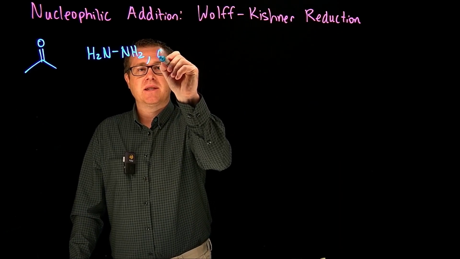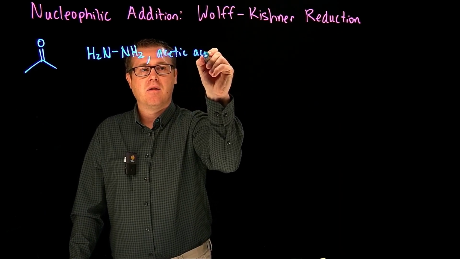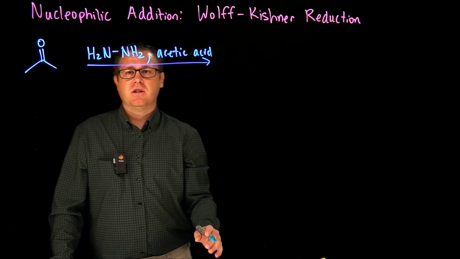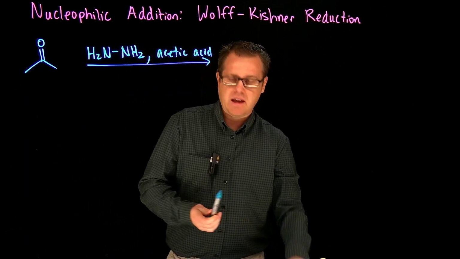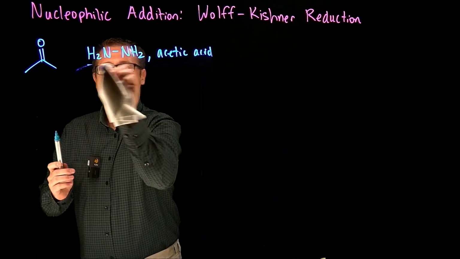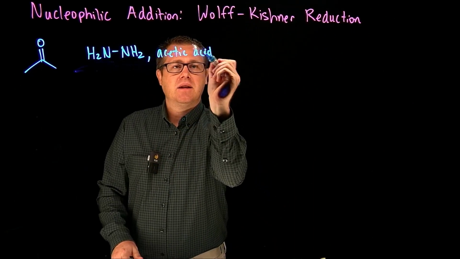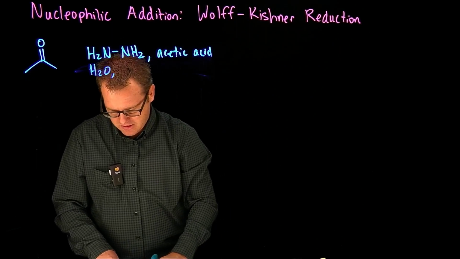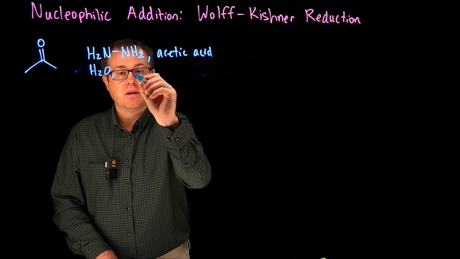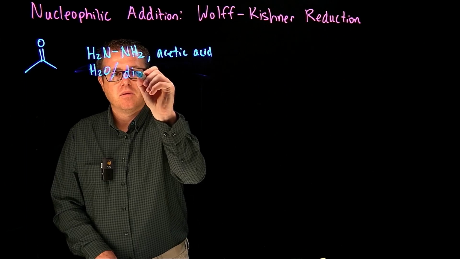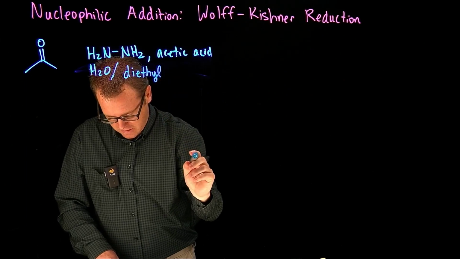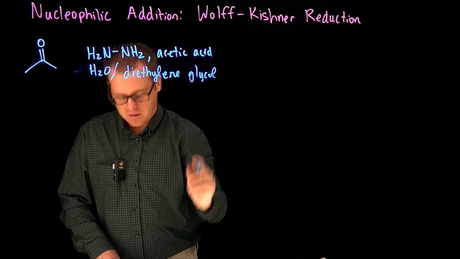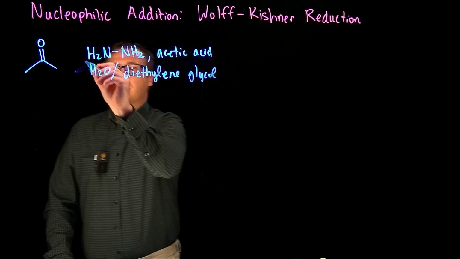So if we put in some acetic acid, I'm giving you all the details here, acetic acid in some water and some glycerol, diethylene glycol, actually. Okay, that's going to be step 1.